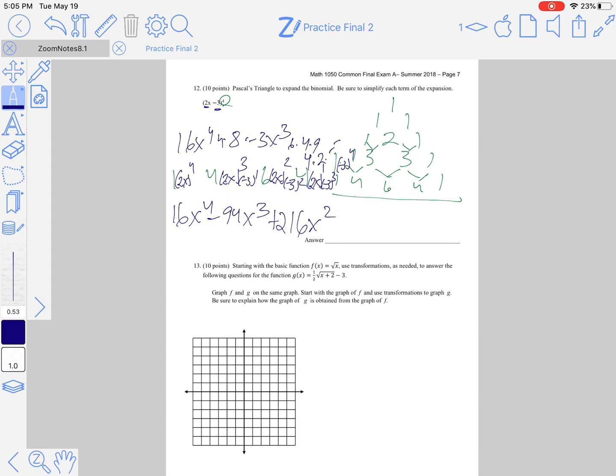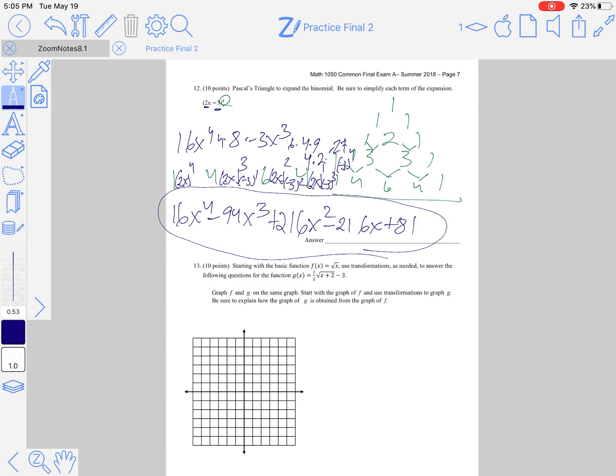Negative 3 to the third is negative 27. So now we get 4 times 2, which is 8. 8 times negative 27 is negative 216 again, x. And then we just get negative 3 to the fourth, which is 81. So there it is. And we're done.